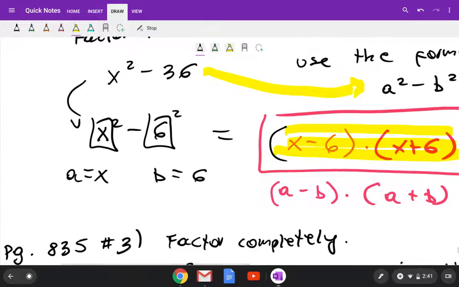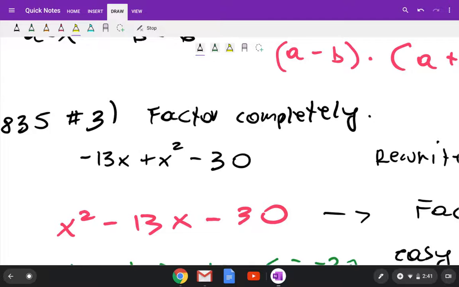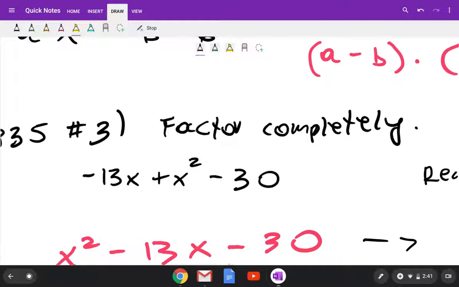Okay. Next one was a problem from page 835, number 31. You have to factor a quadratic equation completely. But look what happened with this quadratic equation. The coefficients and expressions are all over the place.